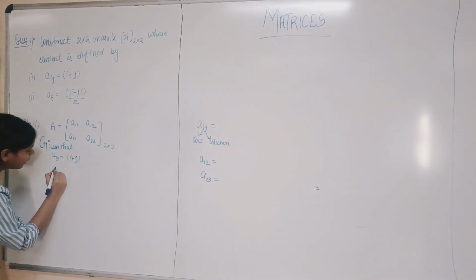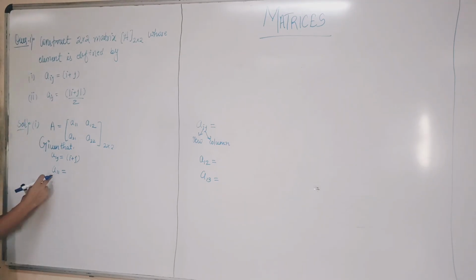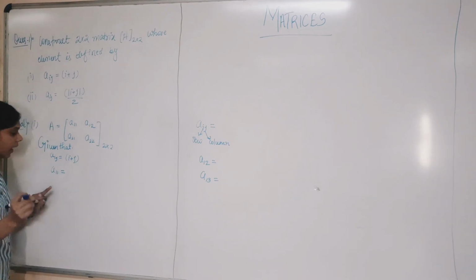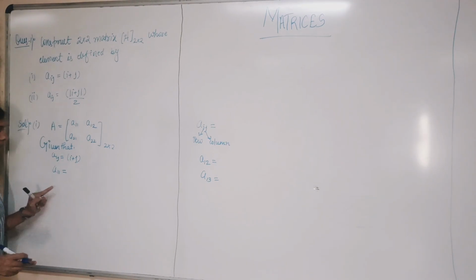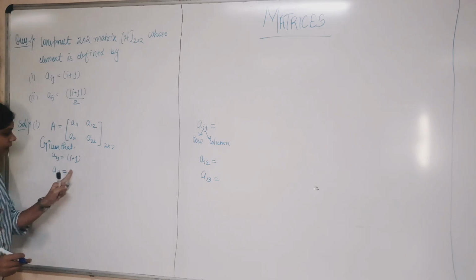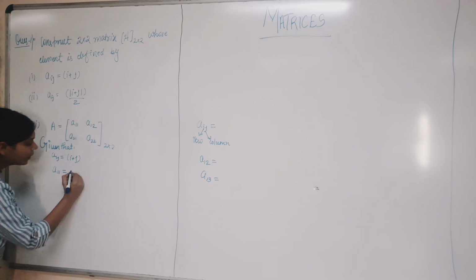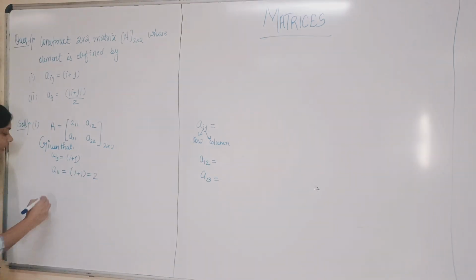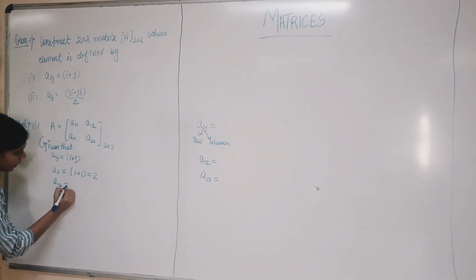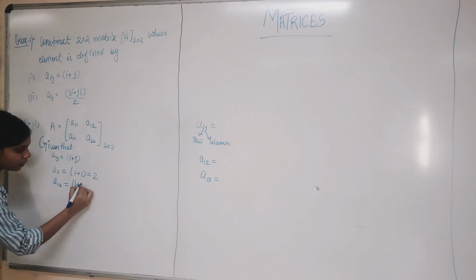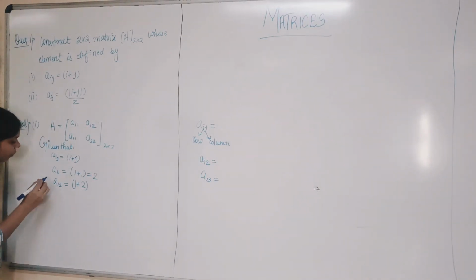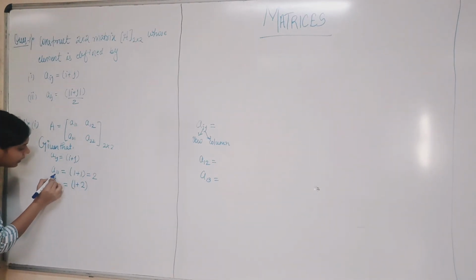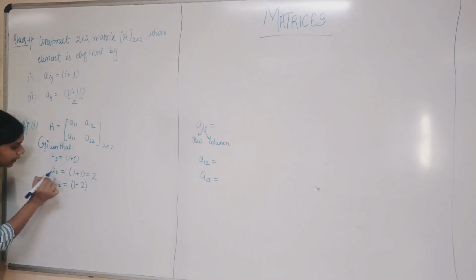So A11 will be, here the value of i is equal to 1 and the value of j is equal to 1. So we put here the values of i and j, right? So 1 plus 1 is equal to 2. A12 is equal to 1 plus 2. What we do here is add only the suffixes, i plus j.